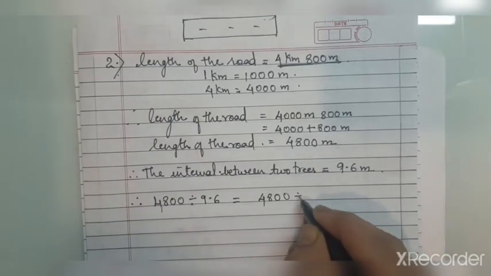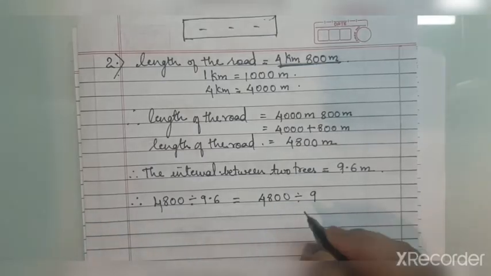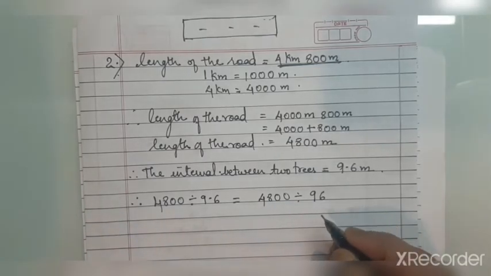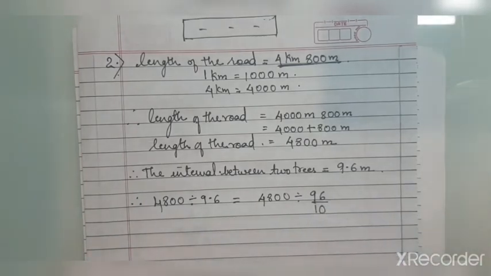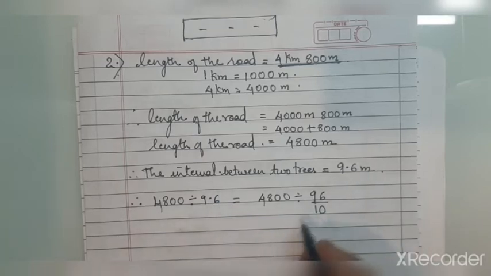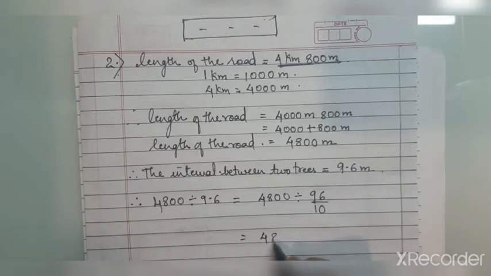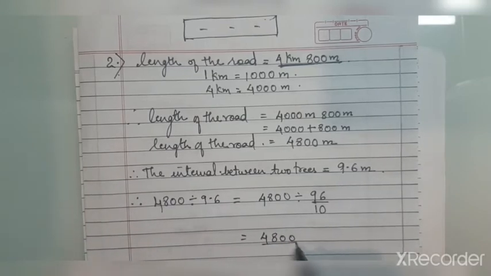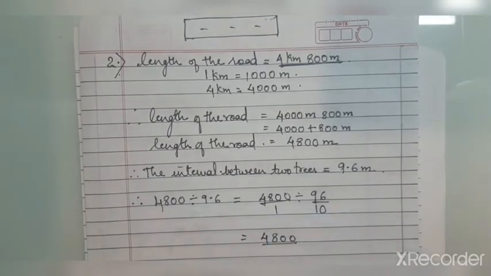What we'll do is we convert this 9.6 as 96, and therefore we have to put 10 in the denominator, okay, because if you see there is 1 decimal place, and therefore 10 we are putting down. Now same method here, that is 4800, okay, here it is actually upon 1.